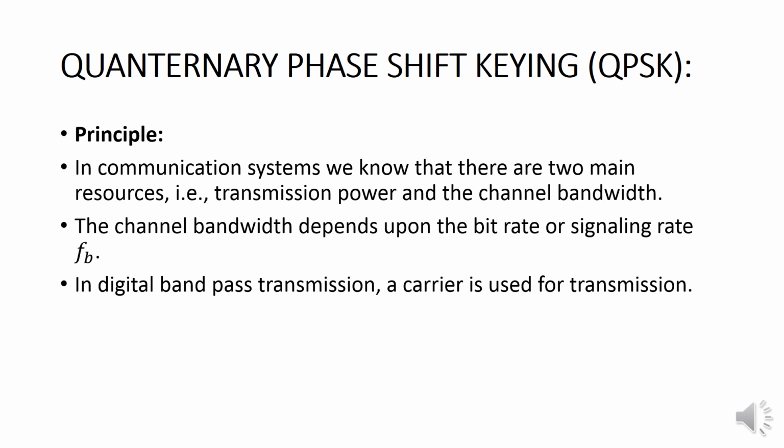In quadrature phase shift keying, two successive bits in a data sequence are grouped together. This mainly reduces the bit rate or signaling rate, and hence reduces the bandwidth of the channel. So in QPSK, the two successive bits are combined. This combination of two bits forms four distinct symbols. When the symbol changes to the next symbol, the phase of the carrier changes by 45 degrees.